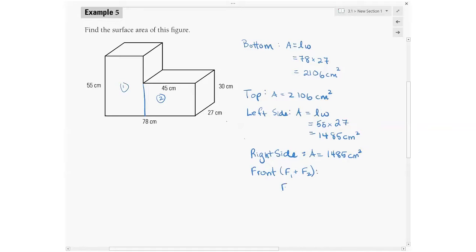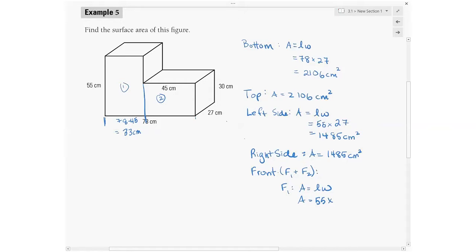Well, my front 1 is just a rectangle, so again, we've got length times width. I got a 55 here, but nowhere am I told what this length is. But that's okay, because I know that from here to here is 78 centimeters, and this is 45 centimeters from this line to this line. So this just has to be 78 minus 45, which gives me 33 centimeters.